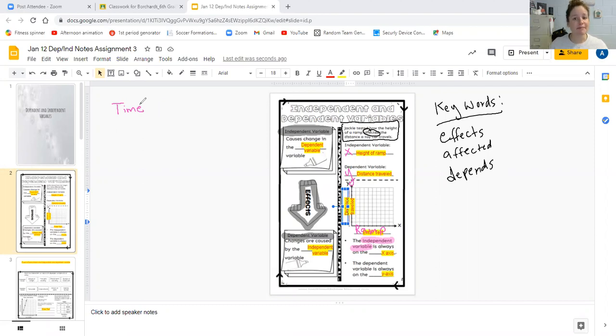So since time is going to pass anyway, no matter what is happening, would time be an independent or dependent variable? Camden. Independent. Very good. So anytime you see something dealing with time, it's going to be an independent variable.